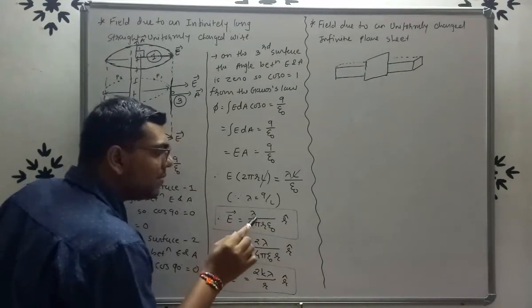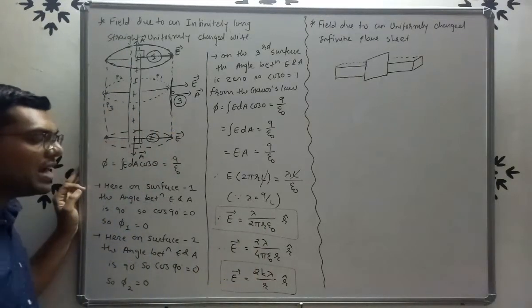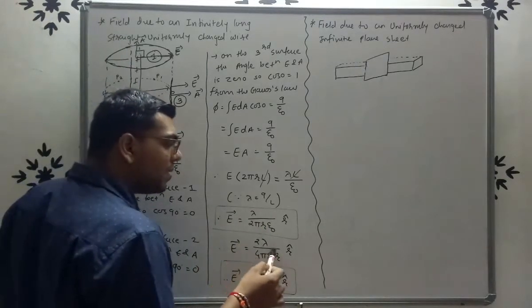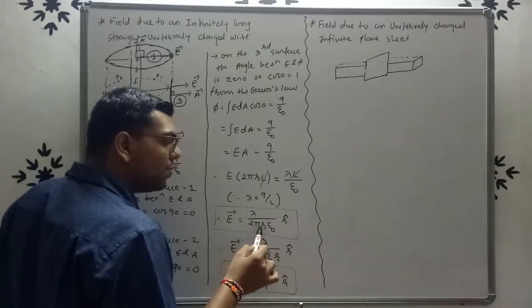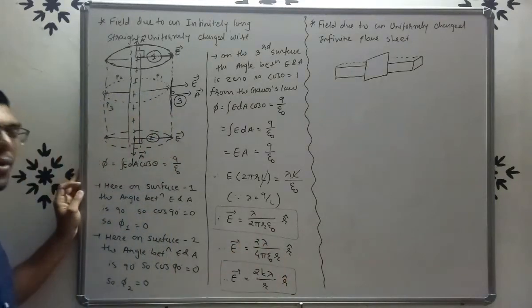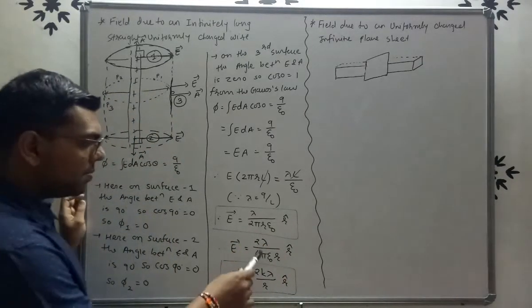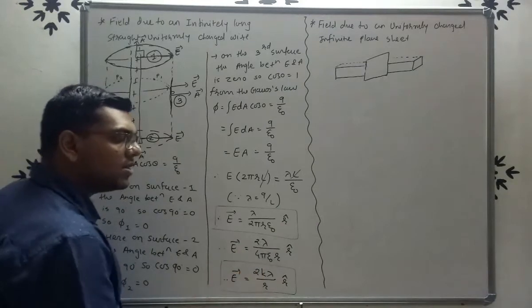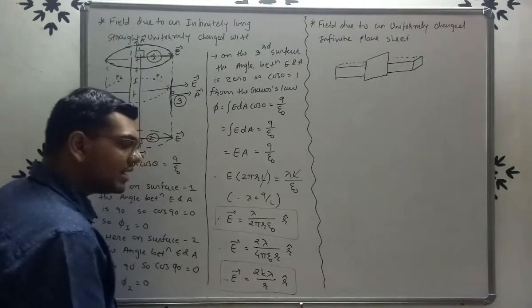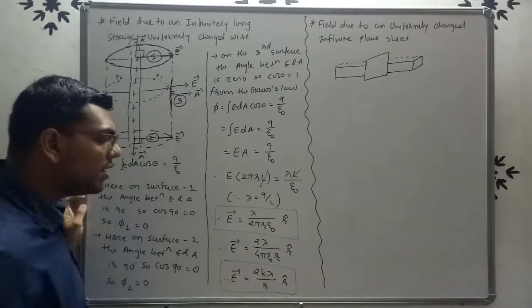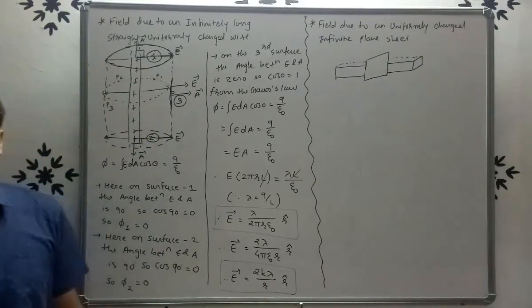So we get vector E is equal to 2 lambda upon 2 into 2, 4 pi epsilon 0 R into R cap. But we know that 1 by 4 pi epsilon 0 is k. So electric field is 2k lambda upon R into R cap.